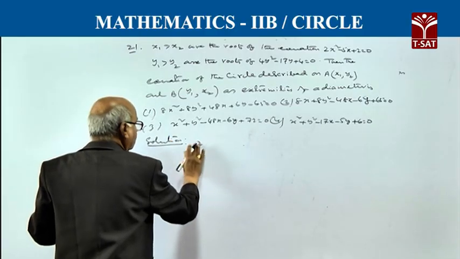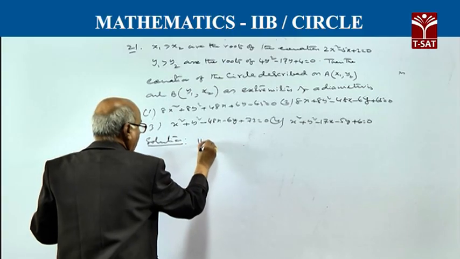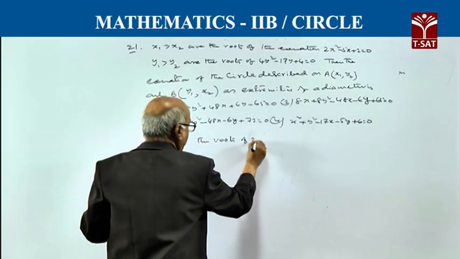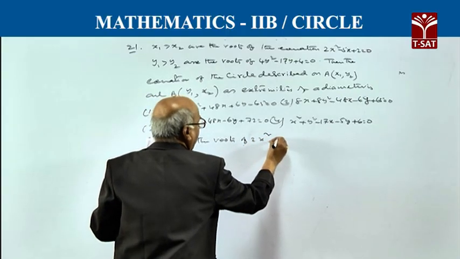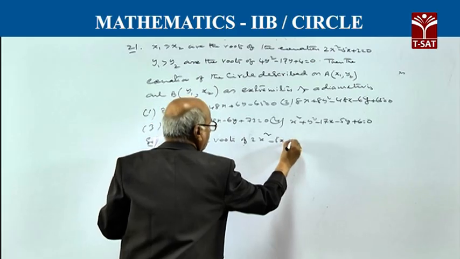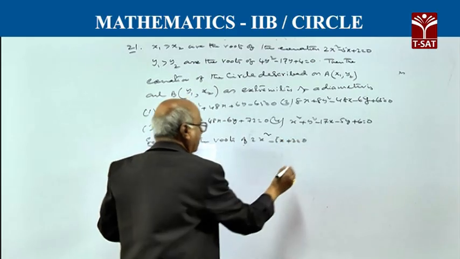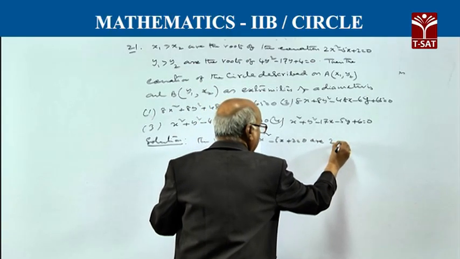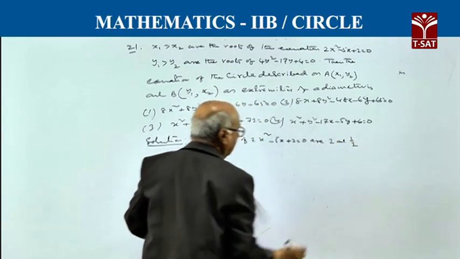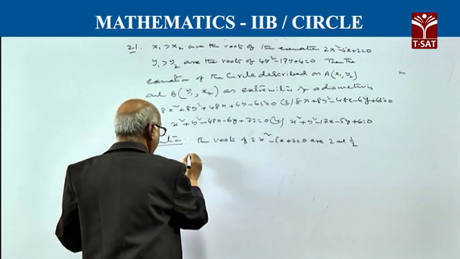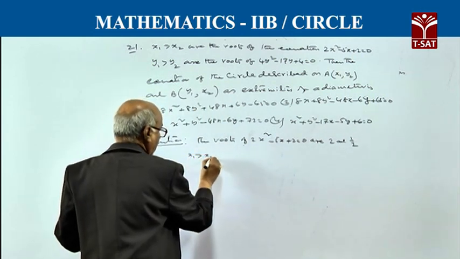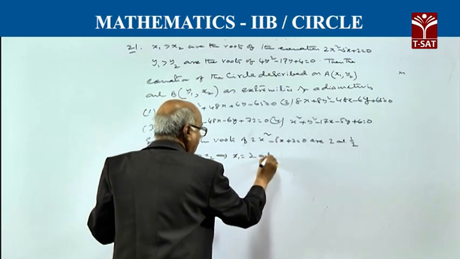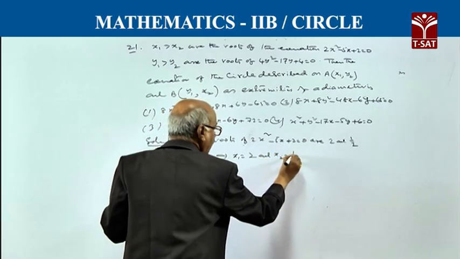The roots of 2x square minus 5x plus 2 equal to 0 are simply 2 and 1 by 2. Since x1 is greater than x2, you take x1 equal to 2 and x2 equal to half.